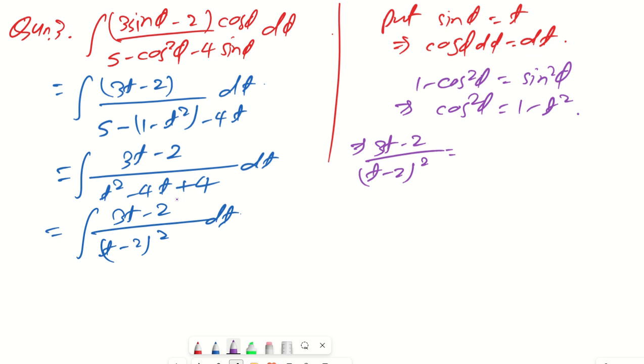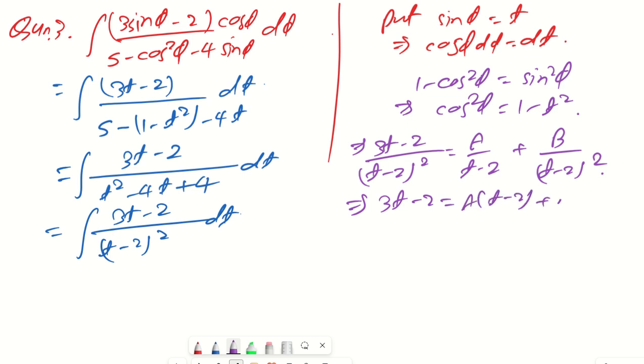So we can write this as a by (t minus 2) plus b by (t minus 2) whole square. Let us first do it this way: 3t minus 2 is equal to a times (t minus 2) plus b.